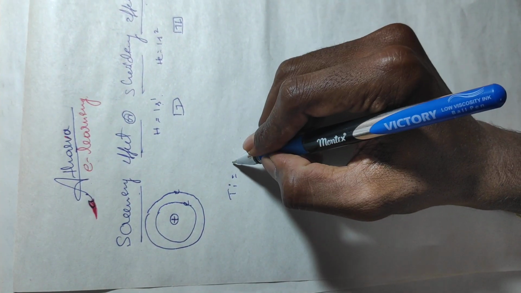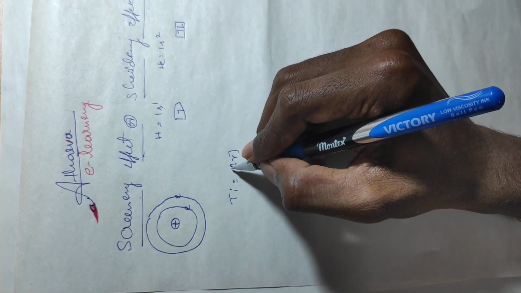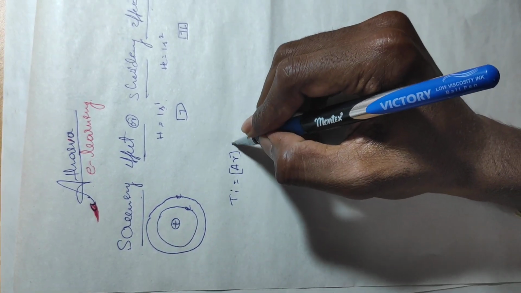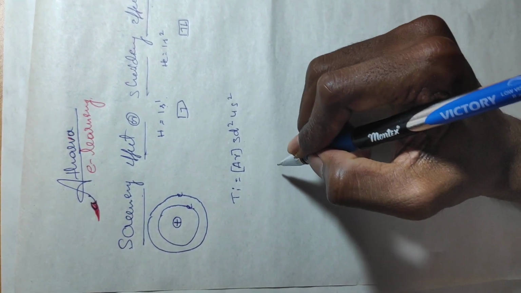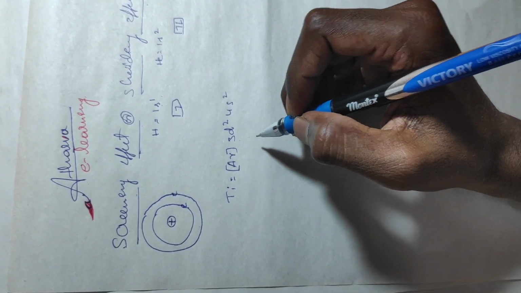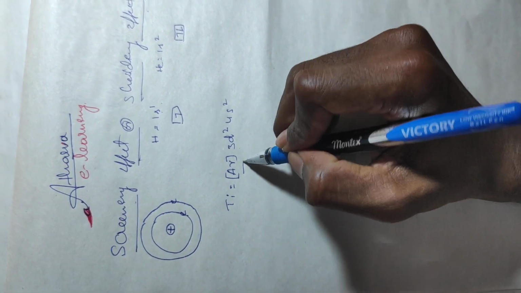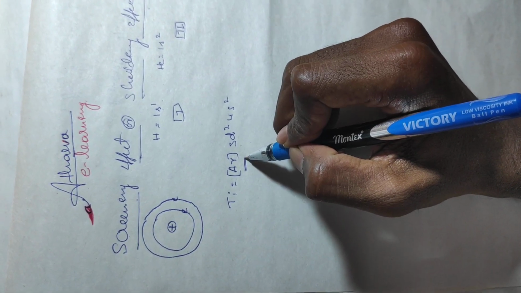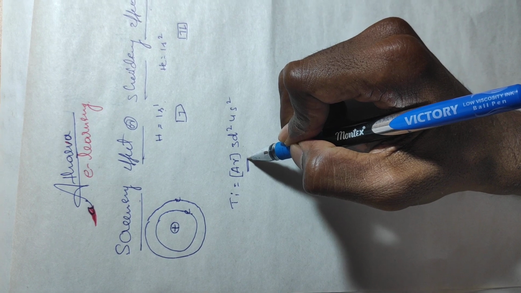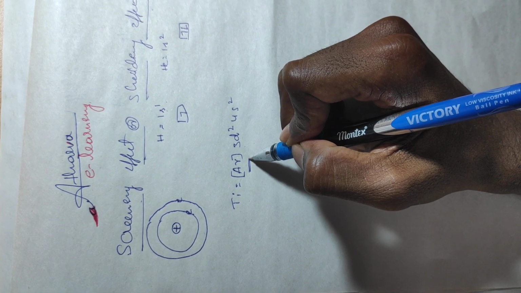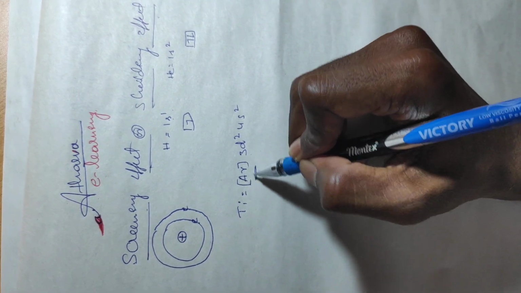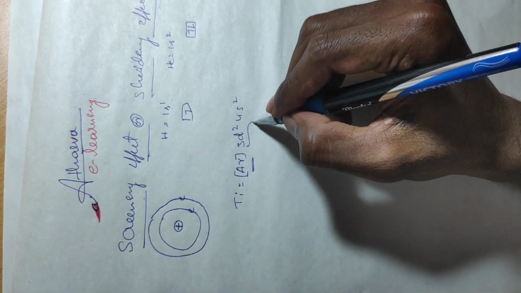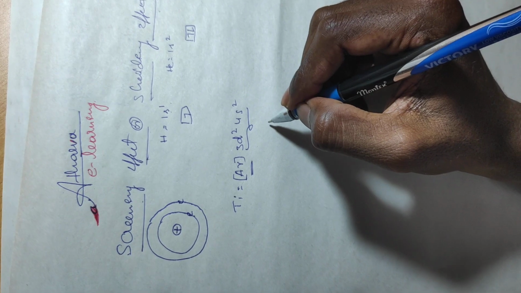So its electronic configuration is argon 3d2 4s2. Argon is a noble gas, and it has a fully filled electronic configuration. Instead of writing the full electronic configuration, I will consider the noble gas argon here. So it is a valence electronic configuration.